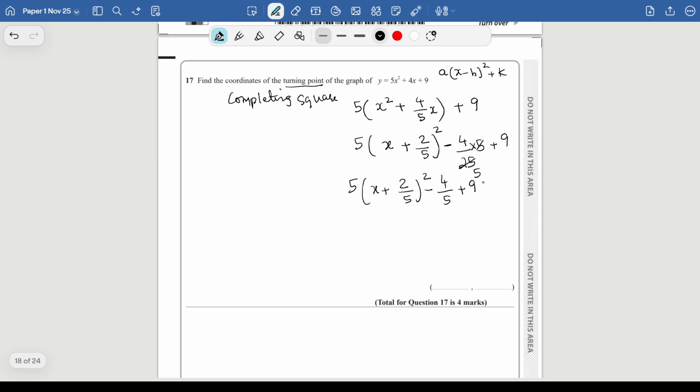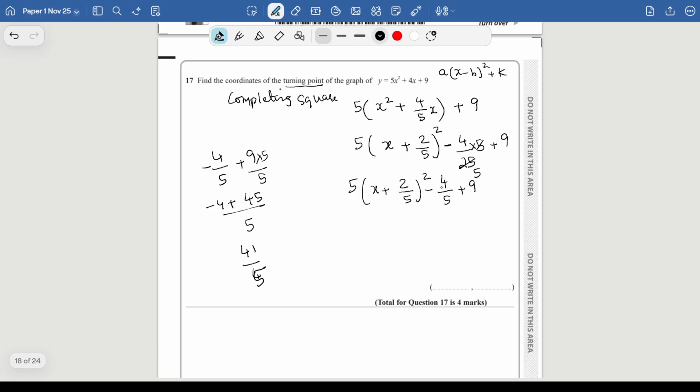Right? So 9 fives is 45. If I focus only on this part, 4 fifths minus 4 fifths plus 9, so here it's like times 5. If I do this by taking the common denominator as 5, so minus 4 plus 9 fives is 45. 45 take away 4 gives you 41 over 5.